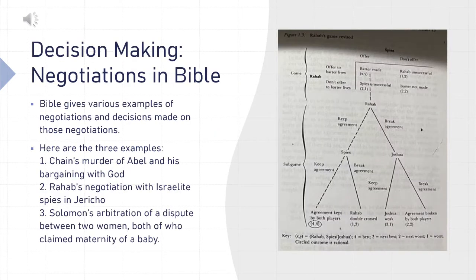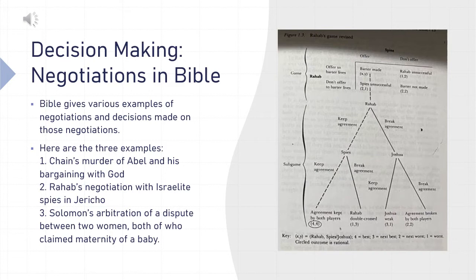The Bible is a sacred document to millions of people. It expresses supernatural elements of faith that do not admit of any natural explanations. However, the Bible gives various examples of negotiations and decisions made based on those negotiations.